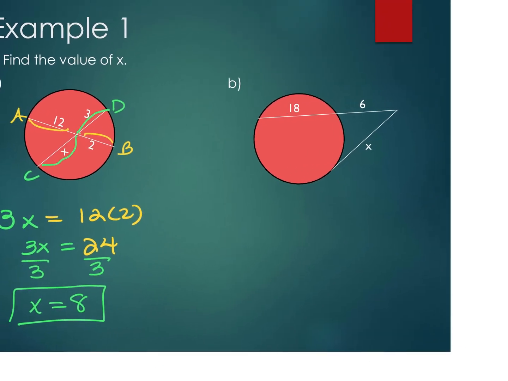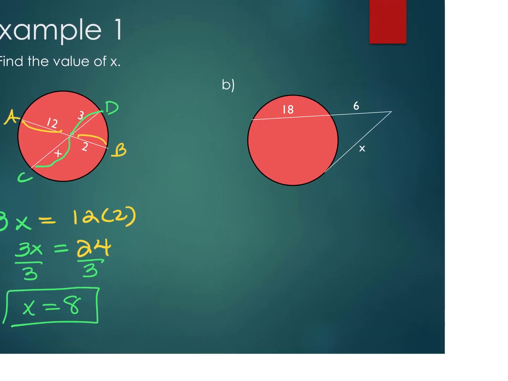So next we're going to notice what we have in the picture. Notice X over here, this is a tangent. And then up top here, this is my secant segment.